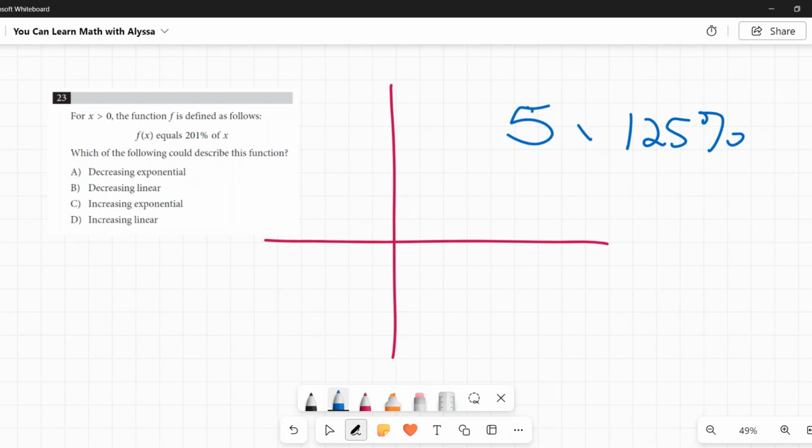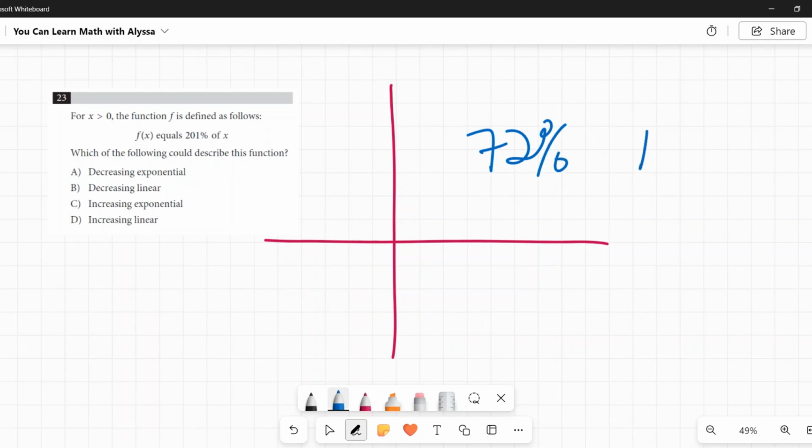Anytime you're saying what is the percent of a number, you multiply that number by the percent, always. If I want to say what is 72% of 16, you multiply 72% times 16. So 201% of x, you're going to multiply 201% times x.